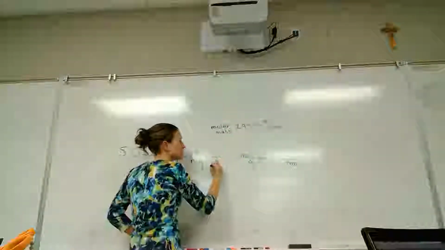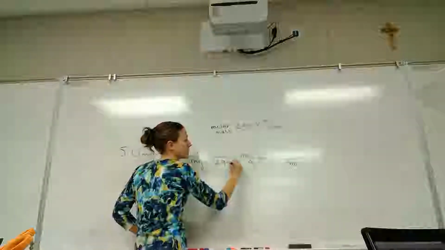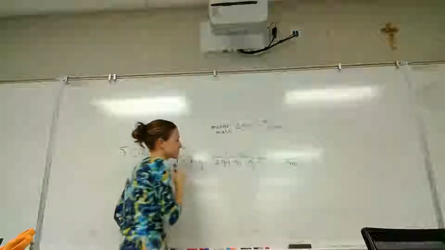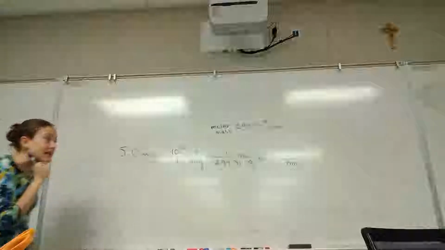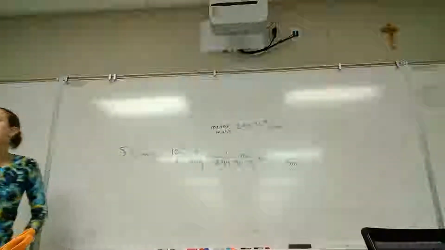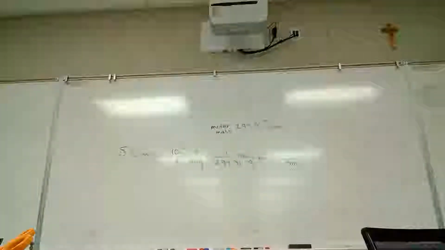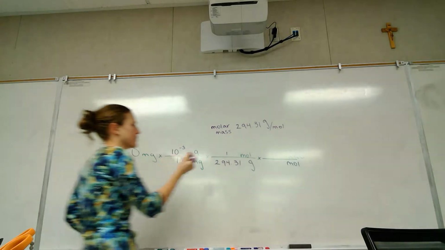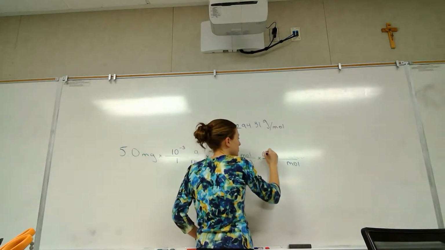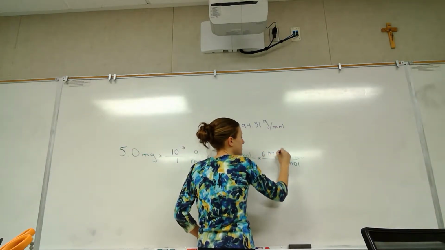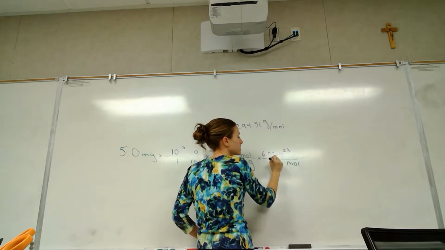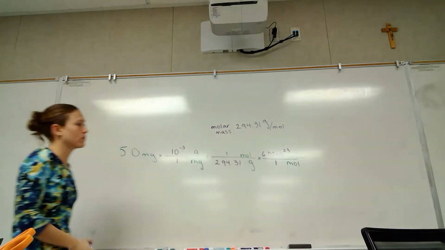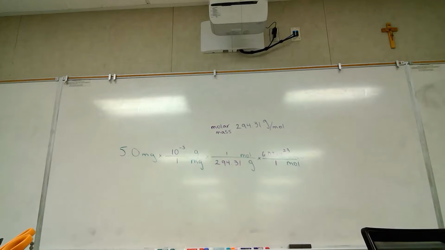On the bottom. So it's going to be 294.31 grams for every 1 mole. And the last step, if I'm going from molecules to moles or atoms to moles or formula units to moles, I need to use whose number? Avogadro's number. So 6.02 times 10 to the 23rd molecules in 1 mole. Are we okay? Yes.